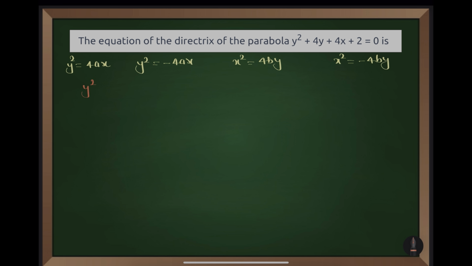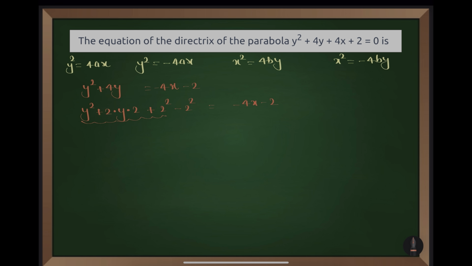So y square plus 4y equals minus 4x minus 2. Now we want b square, so add 2 square and subtract 2 square, minus 4x minus 2.